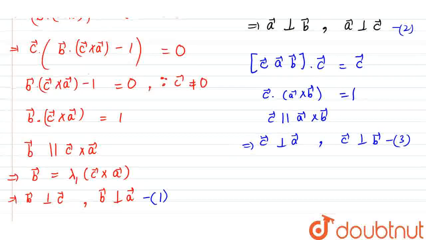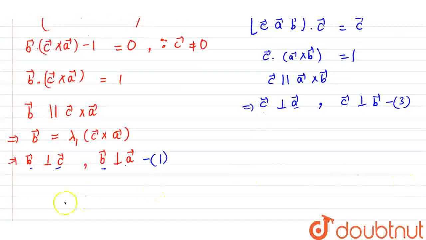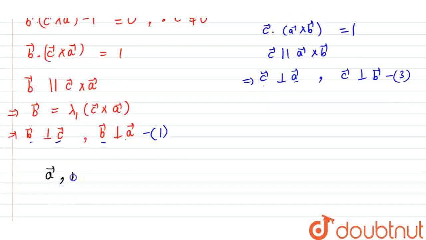From 1, 2 and 3 we can see that all the three vectors are perpendicular to each other. A is perpendicular to B, B is perpendicular to C, and C is also perpendicular to A. So we can say that A, B and C are perpendicular to each other.